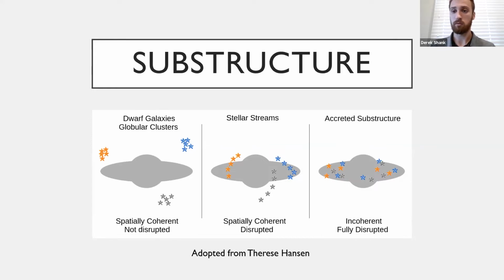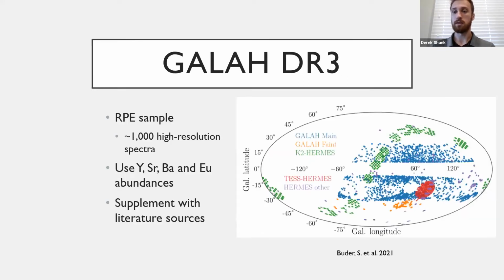In order to do this, we will need the sample, which is GALAH DR3 data. GALAH is pretty important for my project just because it has abundance information for stars in the sample. Specifically, we look at r-process enhancement abundances, so this includes barium, strontium, europium, and yttrium in our case as well.